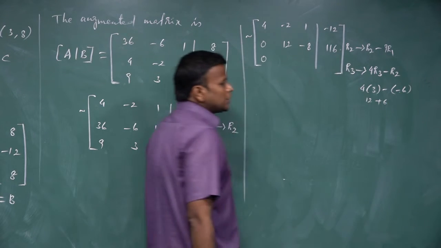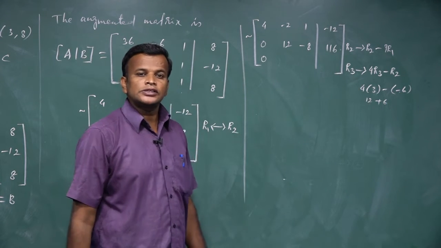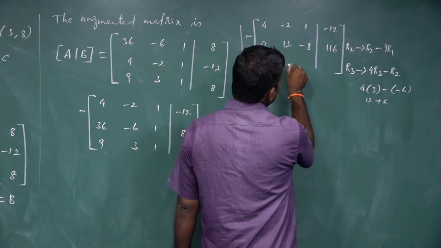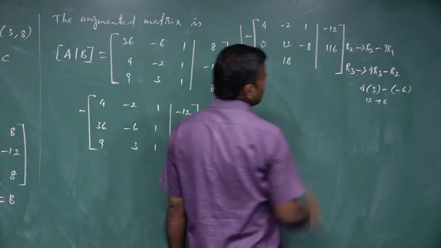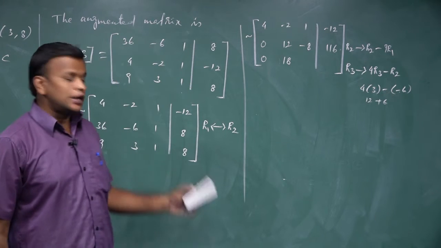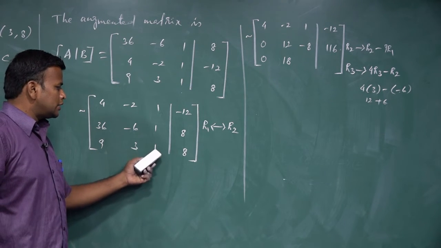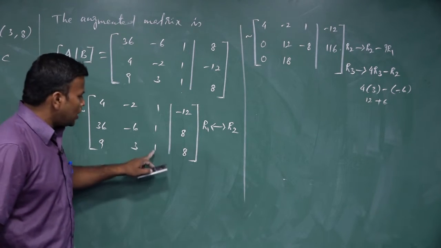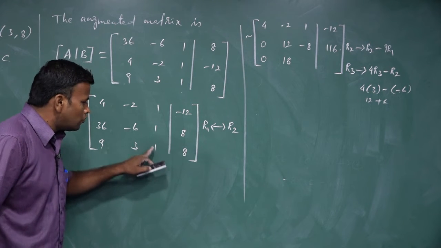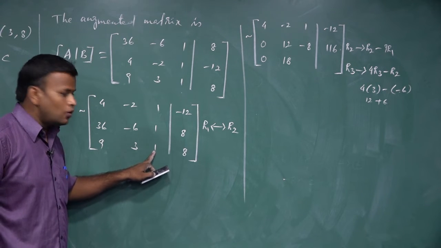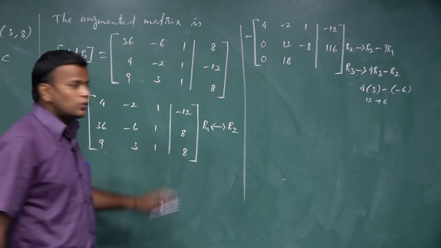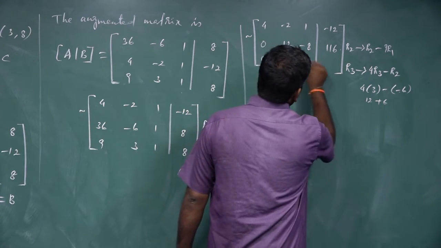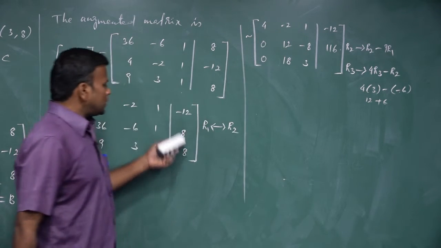Minus and minus is plus 6. 12 plus 6 is 18. 12 plus 6 is 18. Now the number 1: 4 1s are 4 minus 1. 4 minus 1 is 3. This is the number.